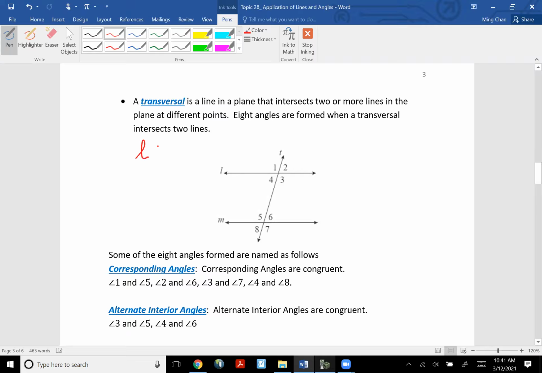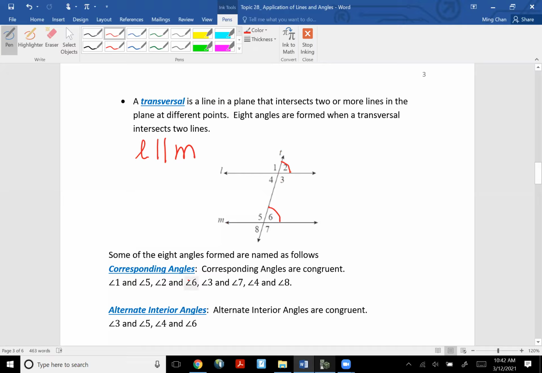So let's say line L is parallel with line M. Angle 2 is above L to the right of the transversal. T means transversal. Another angle in a similar position is angle 6, right? Up above the line M to the right of the transversal. So that's why 2 and 6 are corresponding angles, and corresponding angles are always congruent.